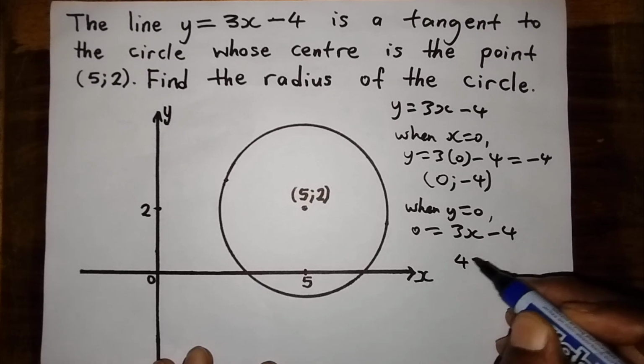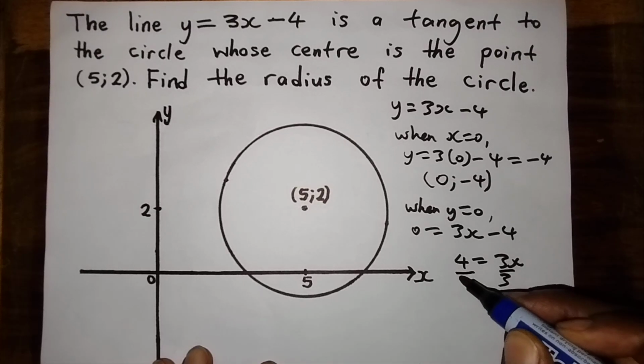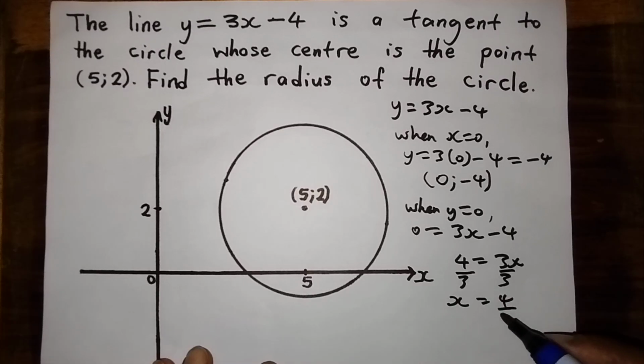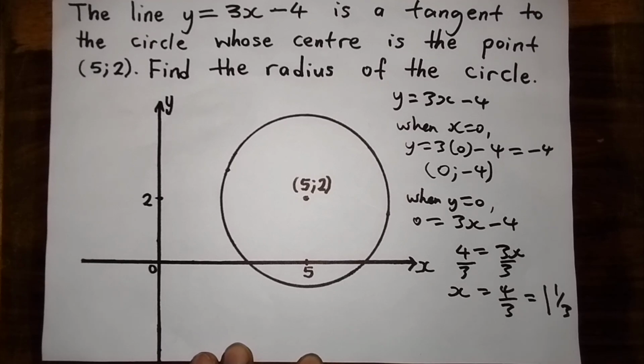So that will be 4 equals 3x, and then divide both sides by the coefficient of x, which is 3. Finally, x equals 4 over 3, which equals 1 whole and a third. Okay, so the line crosses the x-axis at x equals 4 over 3. So the point where the line cuts the x-axis is 1 whole and a third for the x coordinate and 0 for the y coordinate.